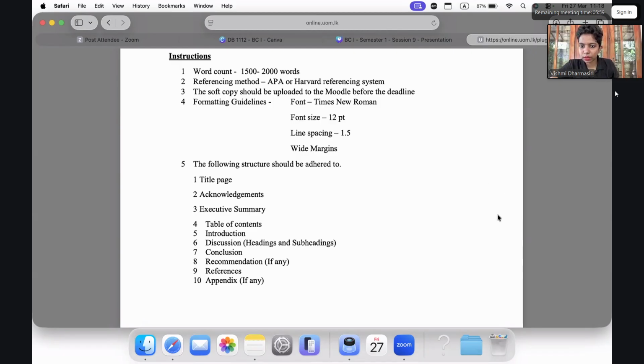Is it necessary to explain all aspects of organizational behavior? What do you mean by all aspects?